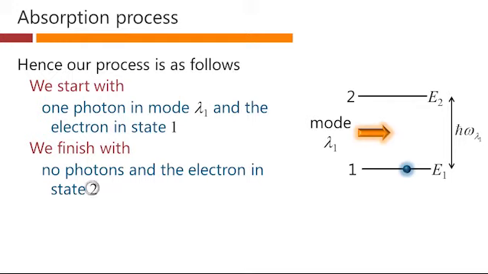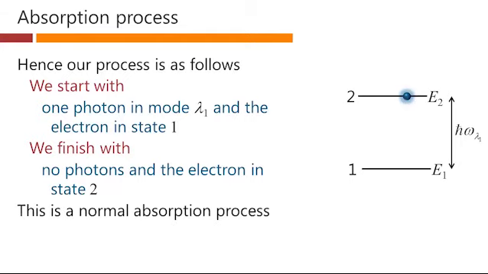The only choice we could make for J was J equal to 2. So the final state we had from the one that we were looking at, the only possibility was that we ended up with no photons and the electron in state 2, not state 1. So that's moved us into the state where there are no photons and the electron is in state 2.